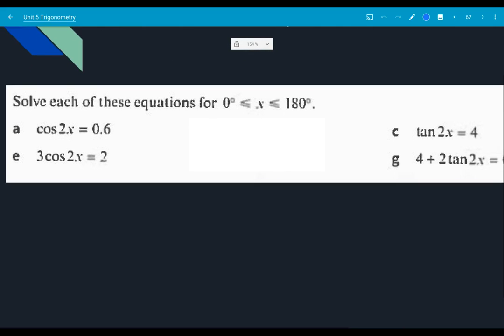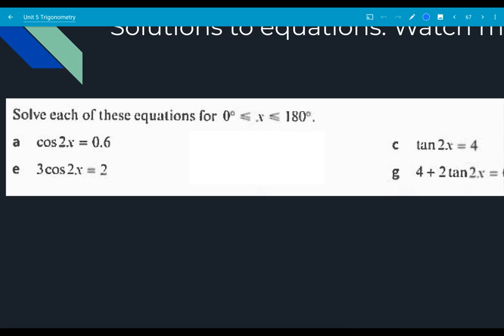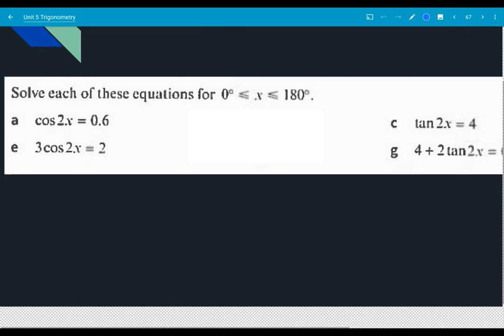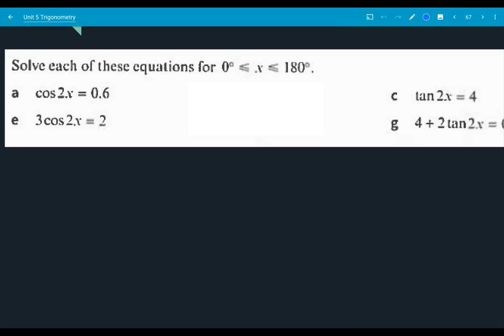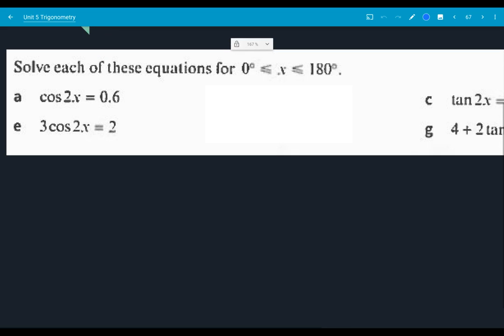So here's a couple problems we're going to work. To solve A, the first thing I want to do is sketch for myself what cosine of 2x looks like. But I'm only going 0 to 180.